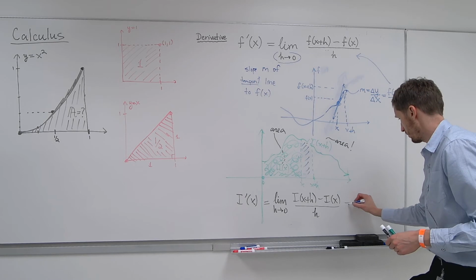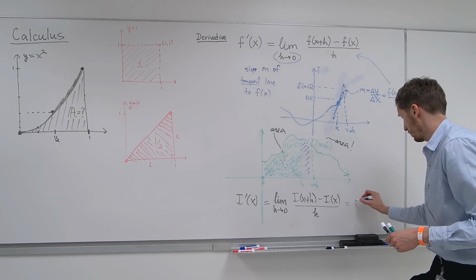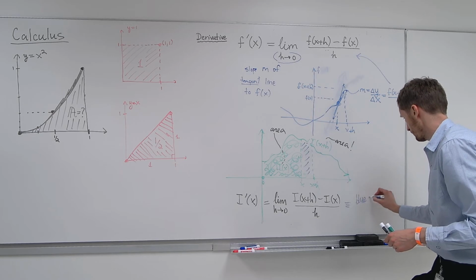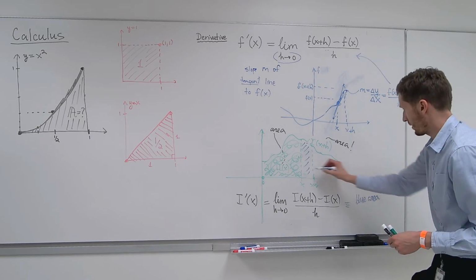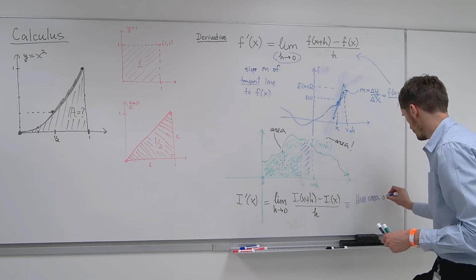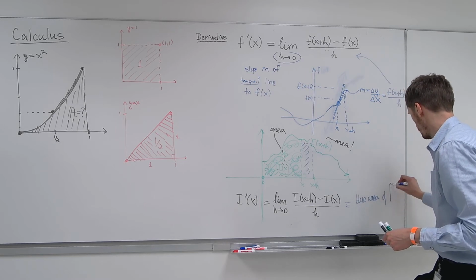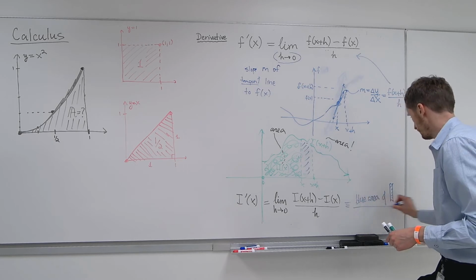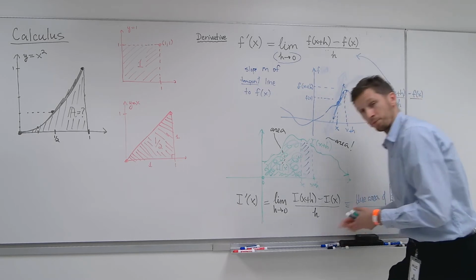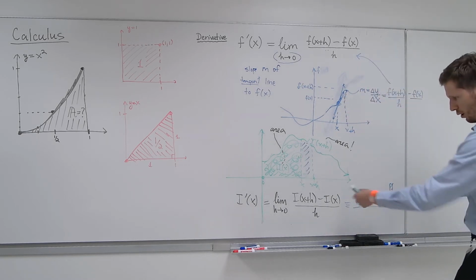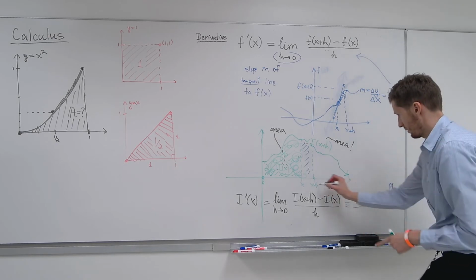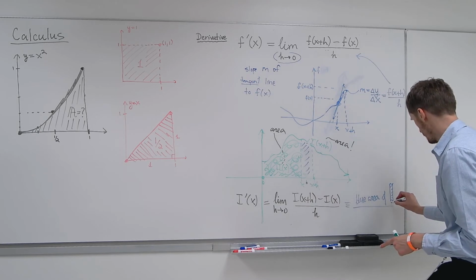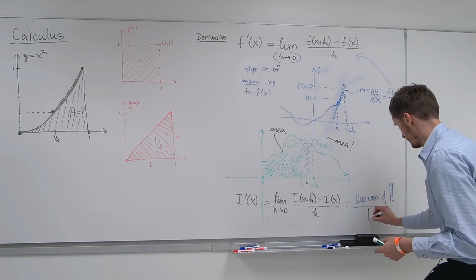So that's equivalent to the blue area, the little box area, a box of that little chunk there, all over what? All over h, the base. That's the base there, right? H right there. So that's going to be a little all over h, for now.